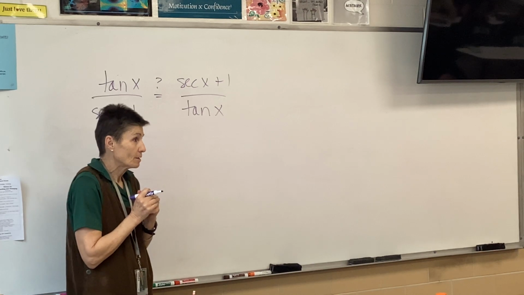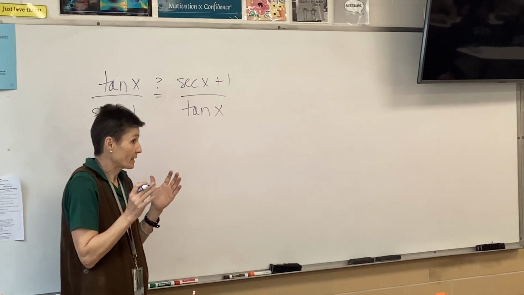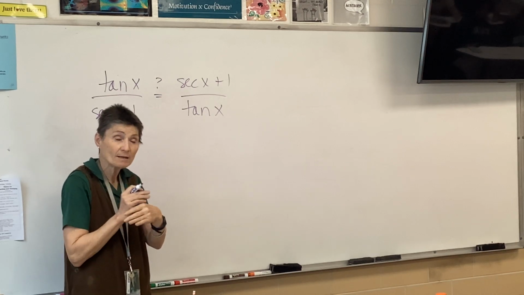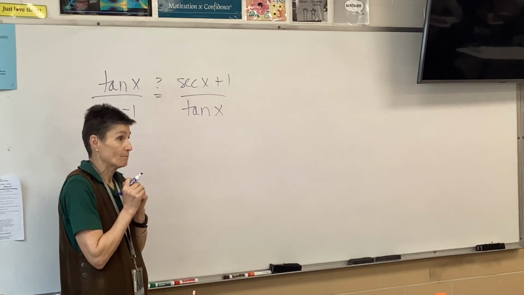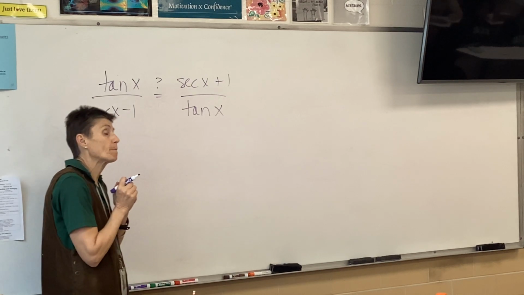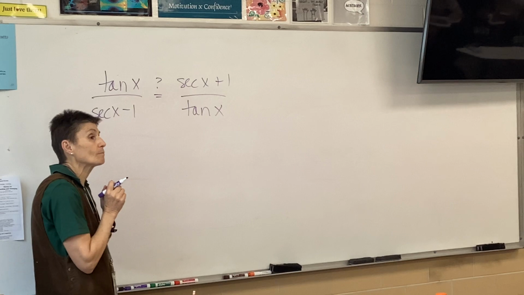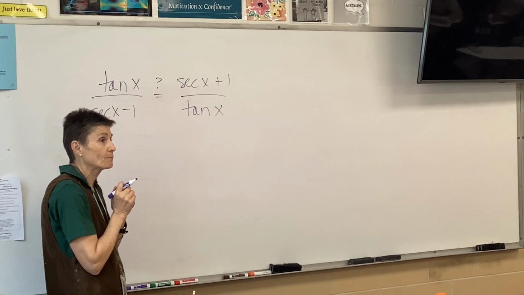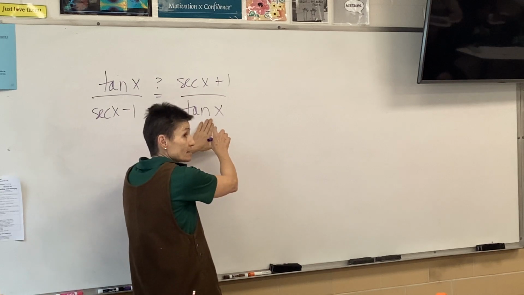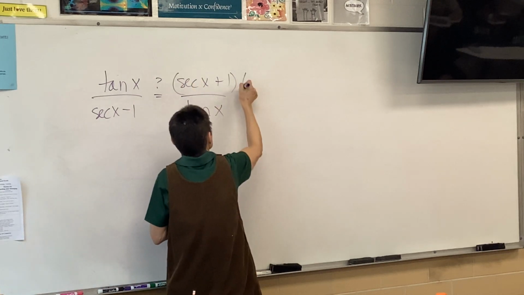We change one side only. I don't care which side you change, but only one. If you cross multiply, you're going to end up changing both sides. Not allowed. Okay, Lucy? I was going to say the first step, I think, can I multiply the top and the bottom on the right side by tangent x? I think that's a great plan.